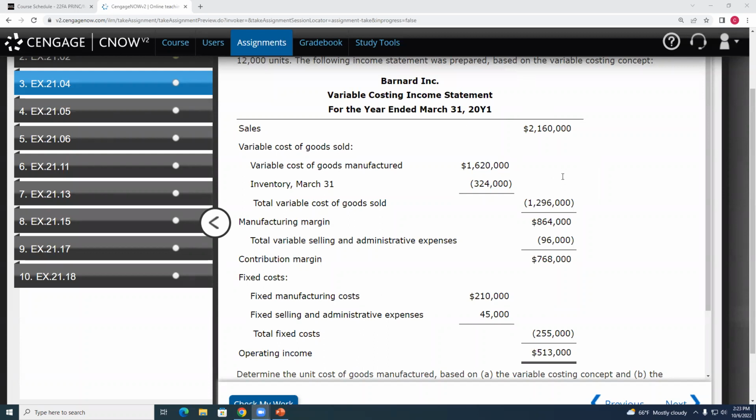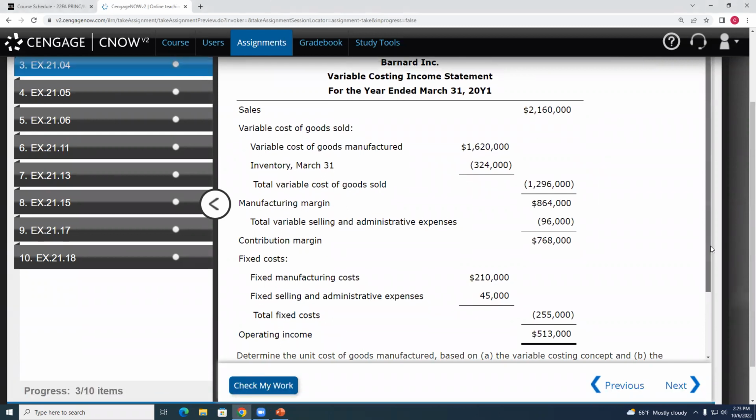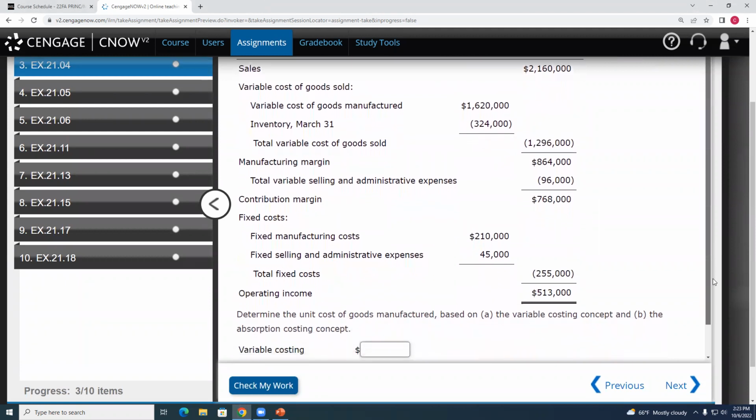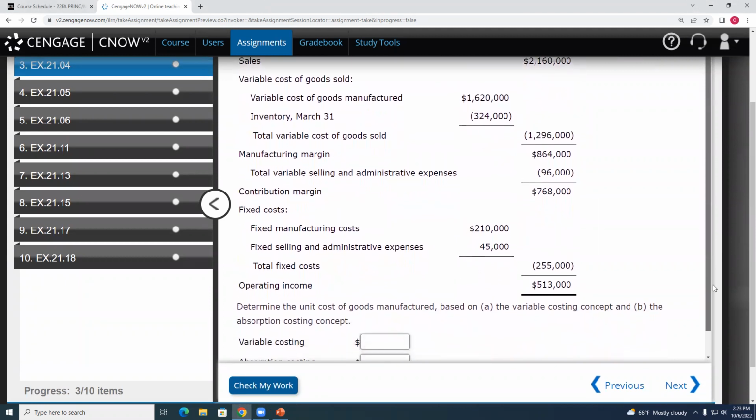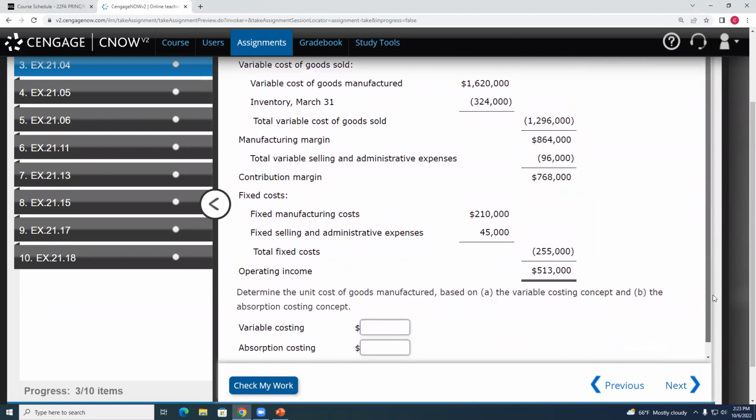Let me scroll this down just a little bit more. I'm actually going to leave it right there because I don't need to know anything about our sales, our revenues, because all we're asked to find here is the unit cost of goods manufactured. So I'm going to keep it right there so we can see everything we need.